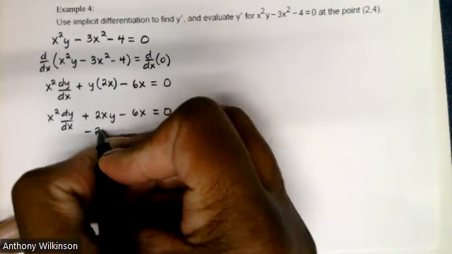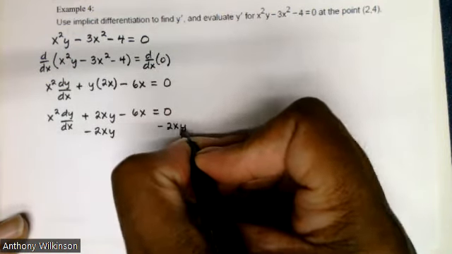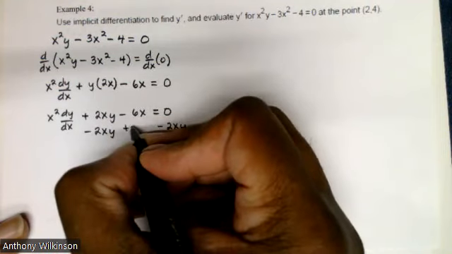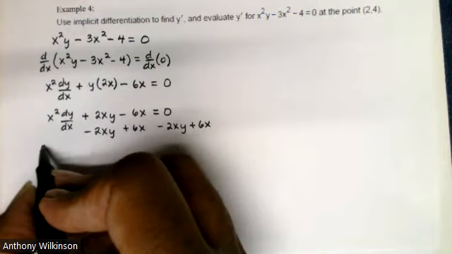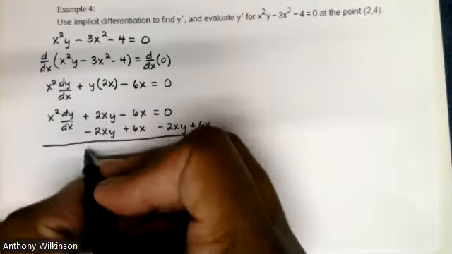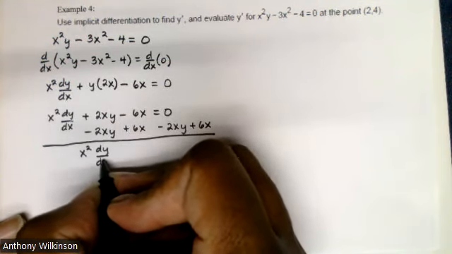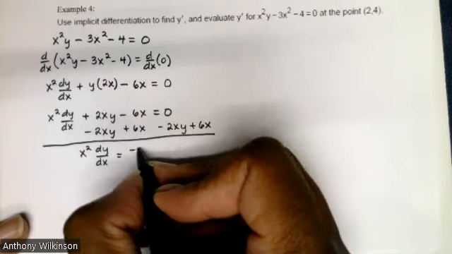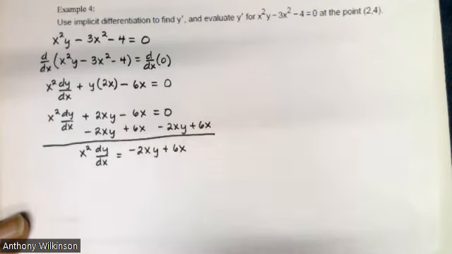So to move the 2xy over, I'll subtract 2xy on both sides. And to move the minus 6x over, I'll add 6x to both sides. So I'm doing all of this in one step. So now I'll have x squared dy/dx that's equal to negative 2xy plus 6x.